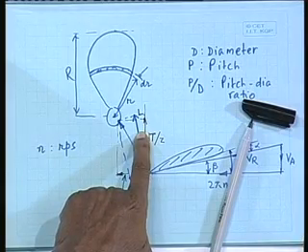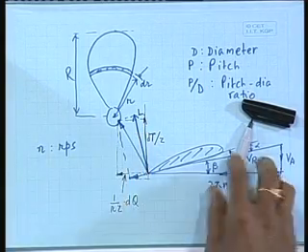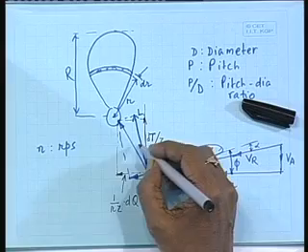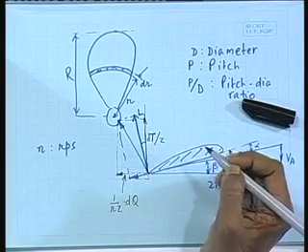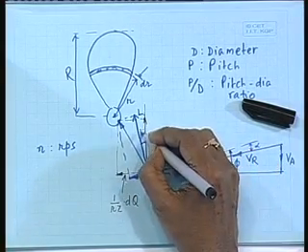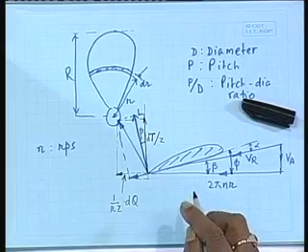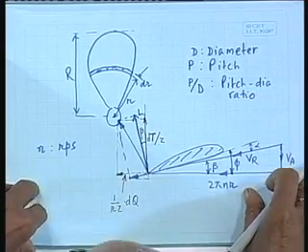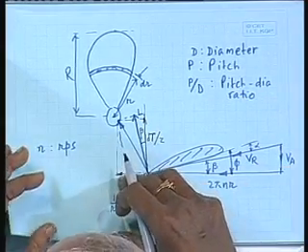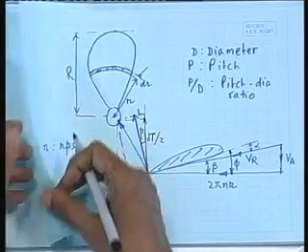Okay? That is giving a lift which is predominantly in the axial direction, but not exactly in the axial direction. There is a small correction here, right. What is this angle? Beta, right.